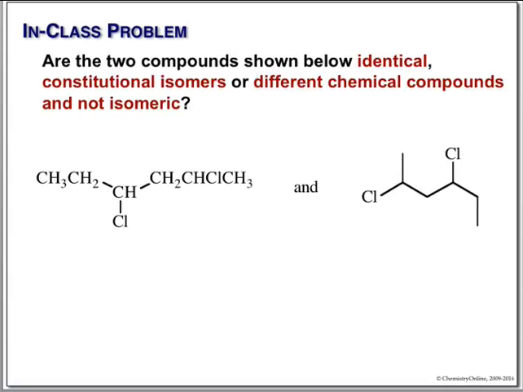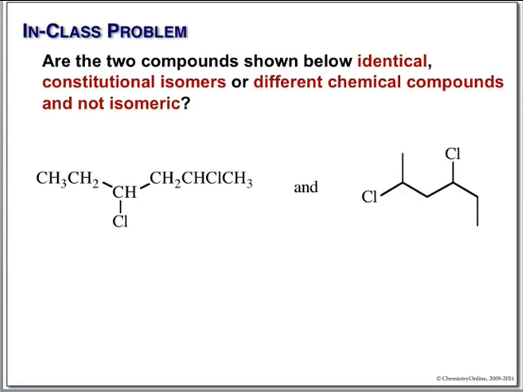How many carbons in our longest chain? It's going to be 1, 2, 3, 4, 5, 6. 6 carbons. Look over here. How many carbons in your longest chain? 1, 2, 3, 4, 5, 6 carbons. So both chains have the same number of carbons, right?